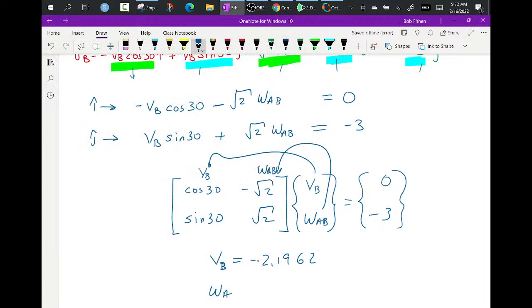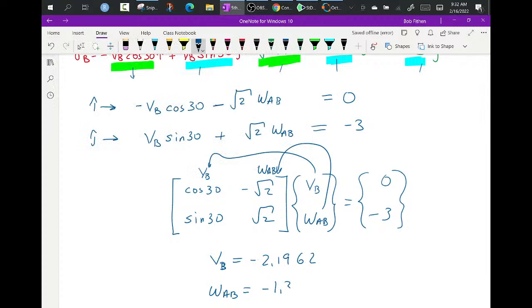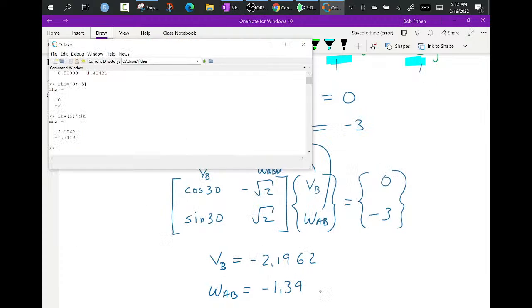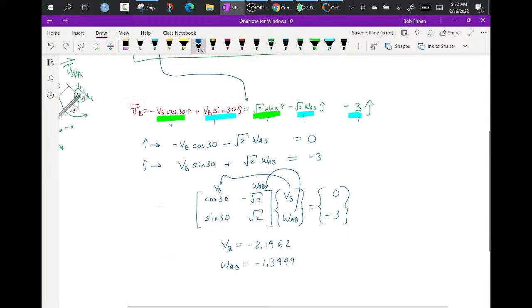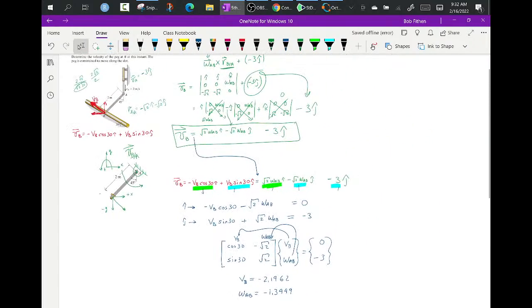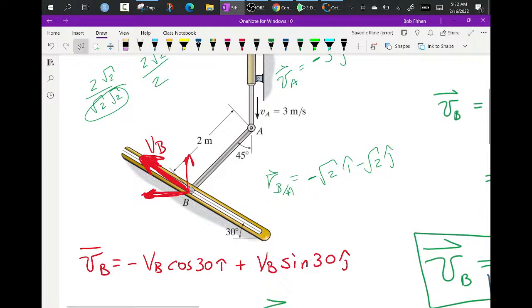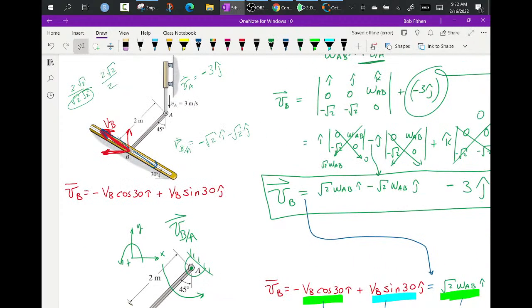And there's AB, 3.2, 1.34, 49. Now, this is telling me that instead of the velocity going this direction, it's actually going this direction. That makes me feel a little uneasy.